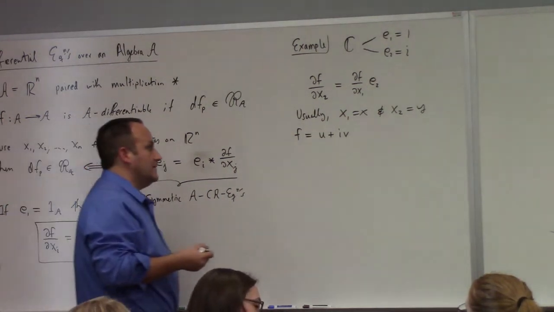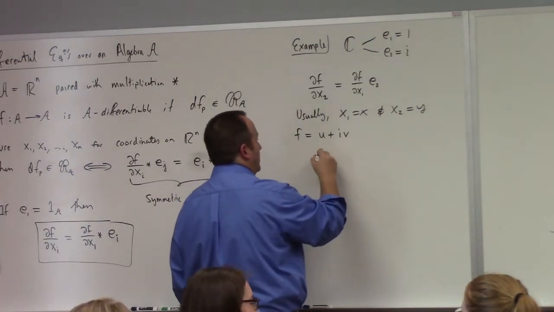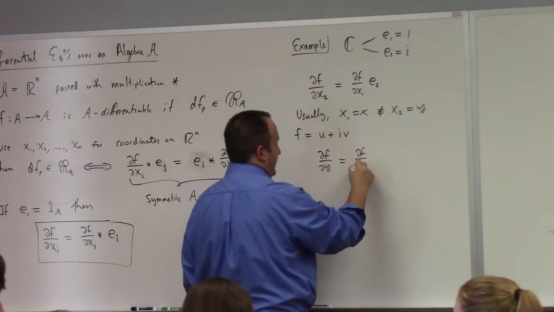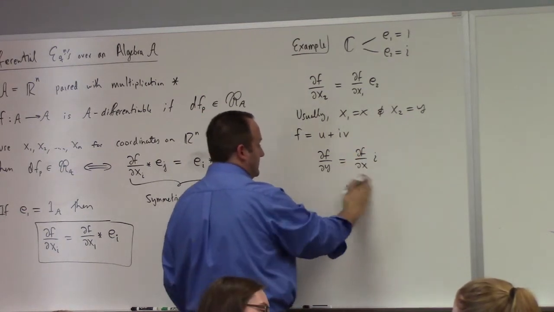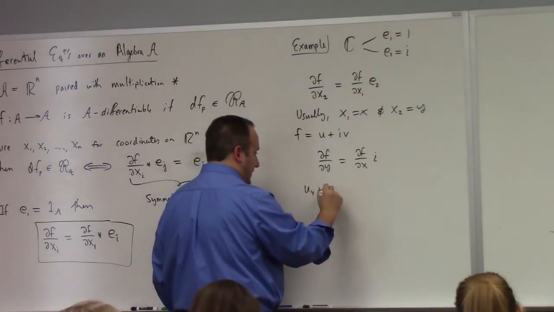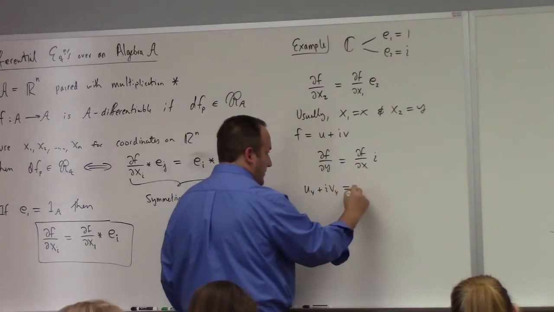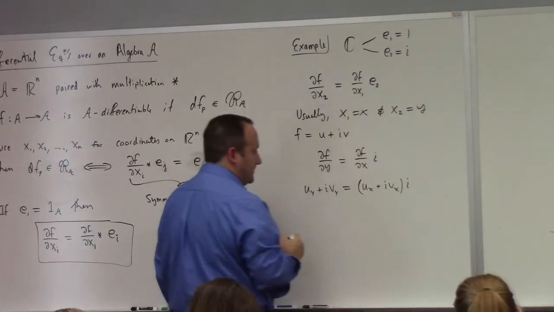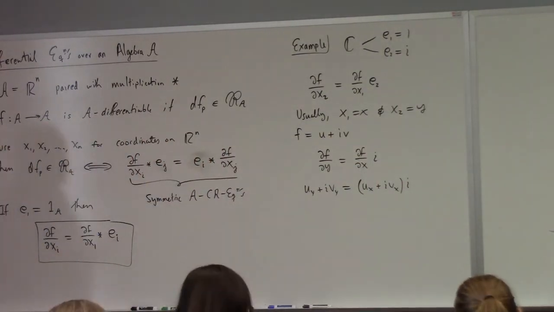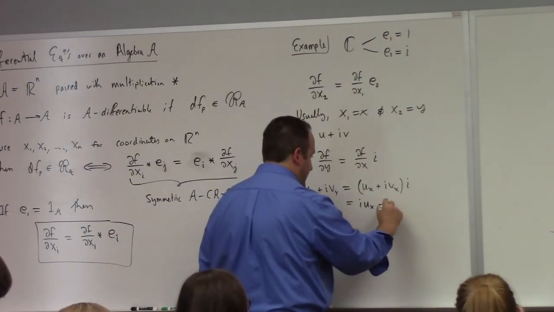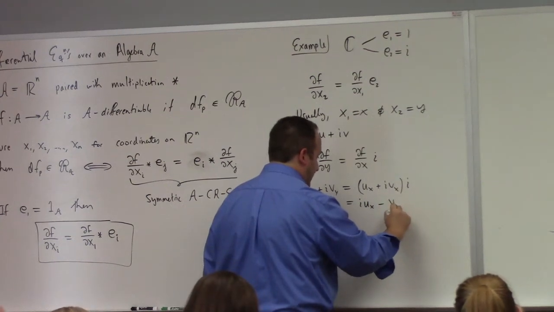What I'm about to write: we've got partial f, partial y is equal to partial f, partial x times i. In detail, that's uy plus i vy is equal to ux plus i vx, times i. So what does that give us? That gives us i ux minus vx.